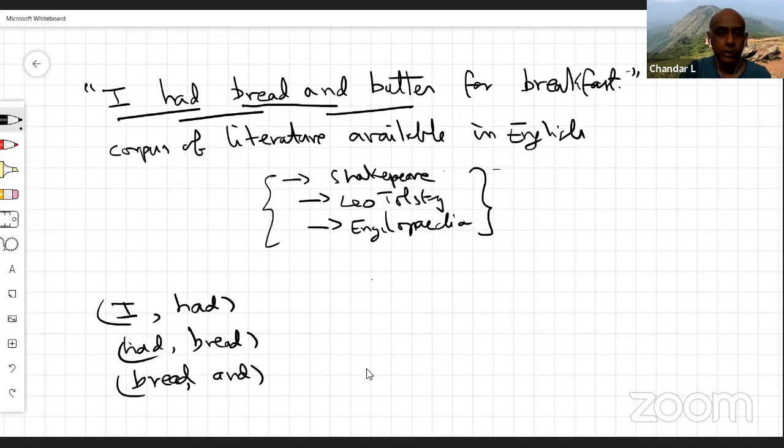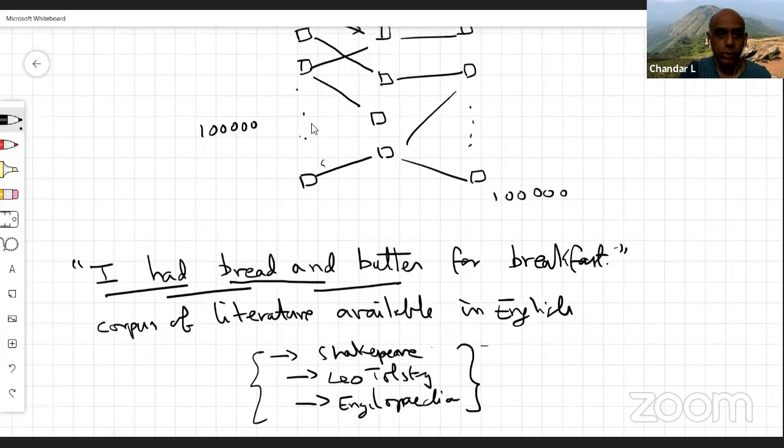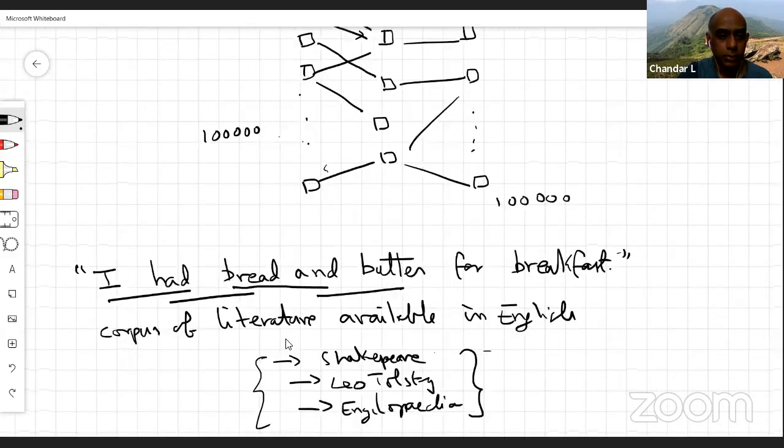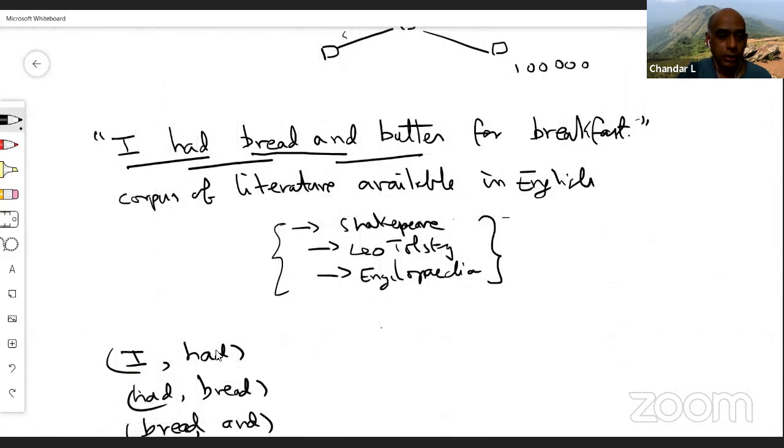So if you go back here, there was this neural network where I said there is an input layer which consists of 100,000 units. So what is done during the training phase here is the input is the first part of the bigram. For example, in this case, "I" and "had".